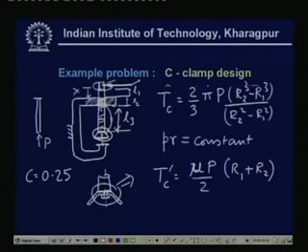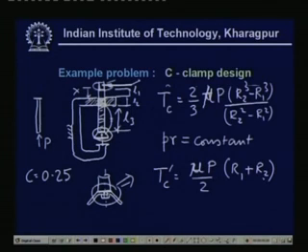Let me make a small correction here. I wrote pi, but this should be mu, as you can very well see, because it depends on the coefficient of friction. So T c prime, the torque required to overcome the collar friction under the condition of uniform wear, is given by this form.